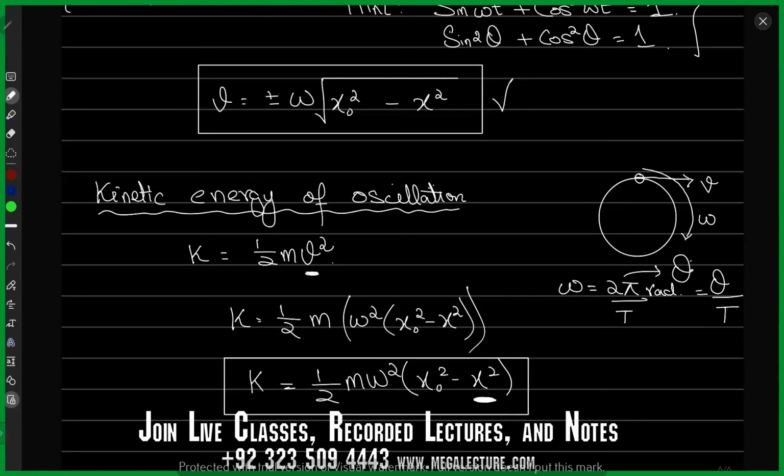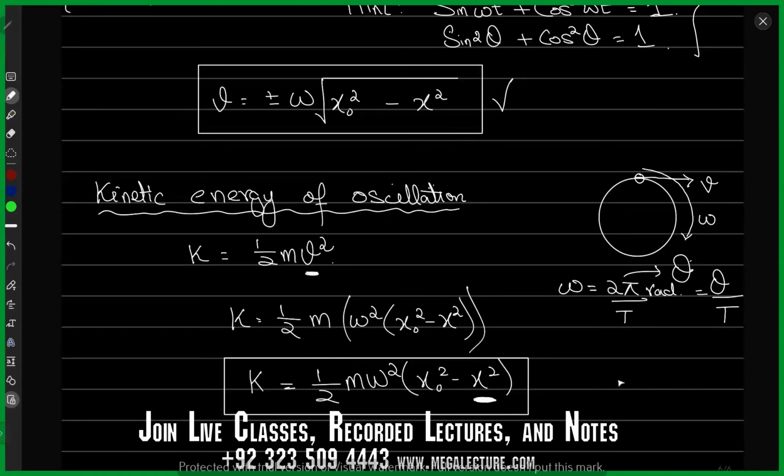In circular dynamics, theta is like position in linear dynamics, and this t is the time period. So this is position divided by time, and that's velocity, right? So that's omega.